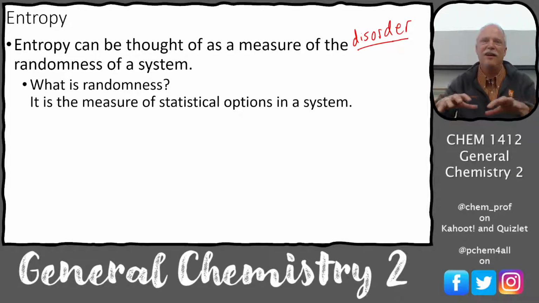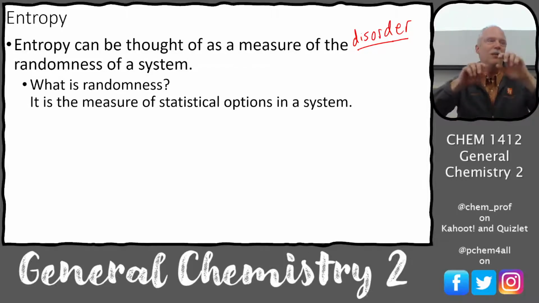Think about the number of ways that you could make a puzzle that's missing half the pieces. You can pull the first 50, you can pull every other piece, you can pull the last 50. There's a gazillion ways to make a puzzle that's half disordered, and that's going to be the maximum entropy.